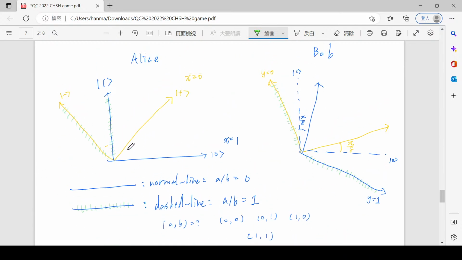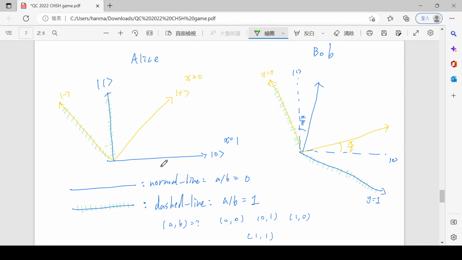And you might also see that we have this weird dashed line here. That's because Alice makes a measurement in 0 and 1, but we still need to say what's the output A, right? So one of them should correspond to A equal to 0 and one of them to A equal to 1, so there are two choices.